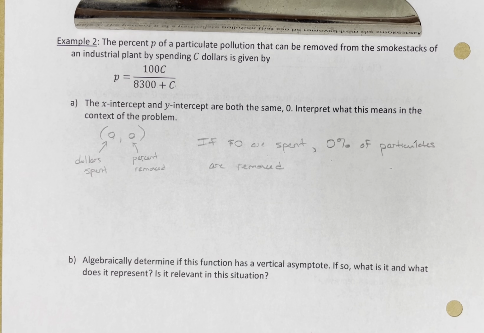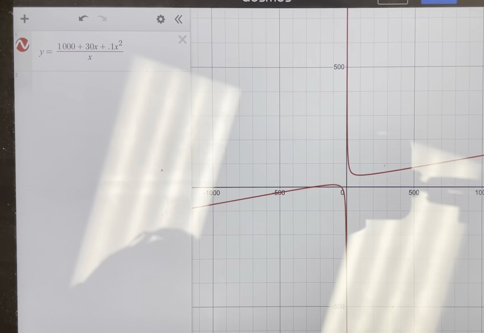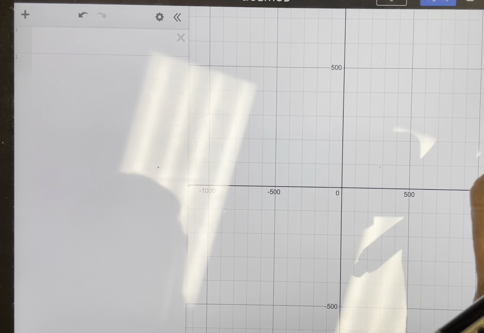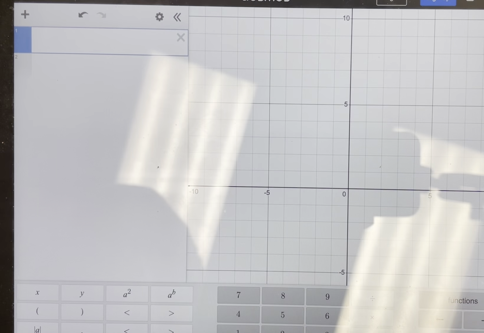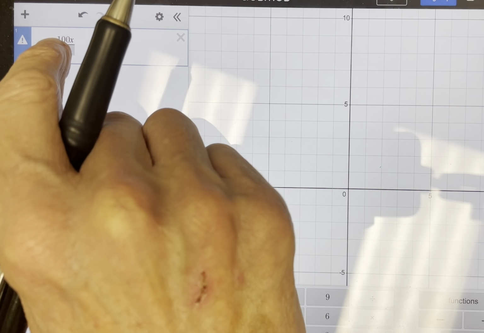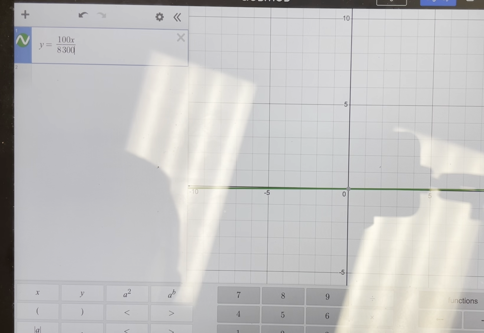Let's just see this graph, by the way. Let's go back and take a look at this and the fact that it crosses at the origin. I'll change this to the home. This is y equals, and the numerator is 100 times x, and the denominator is 8,300 plus x.